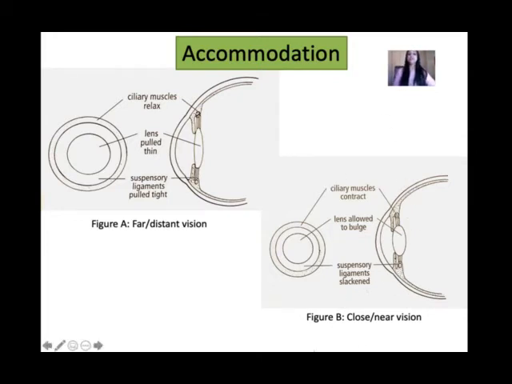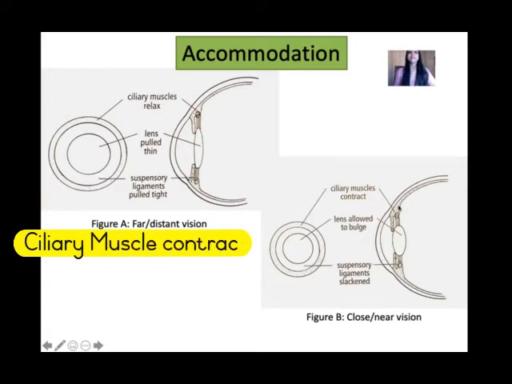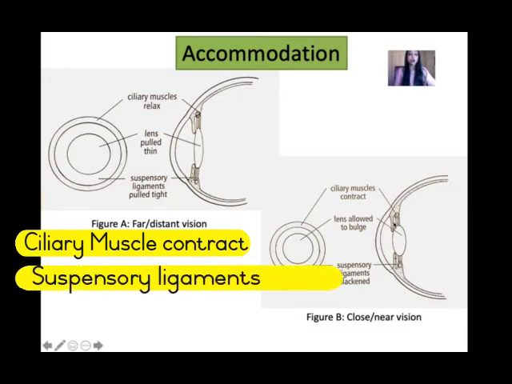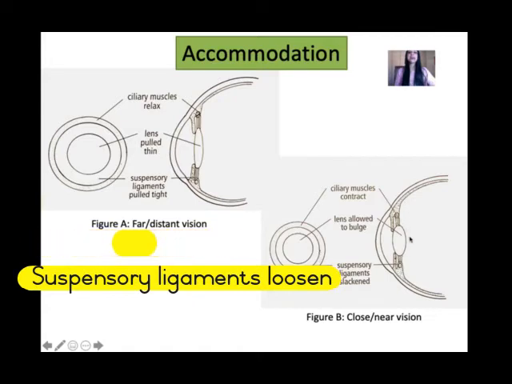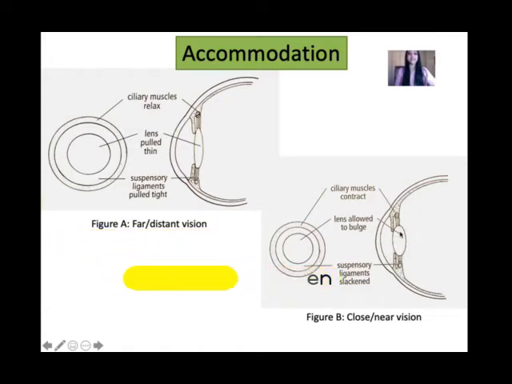In close or near vision, step 1. My ciliary muscles will start to contract. The suspensory ligaments are not stretched anymore, so they start to loosen or slacken. The lens gets fatter and more rounded, meaning more convex.